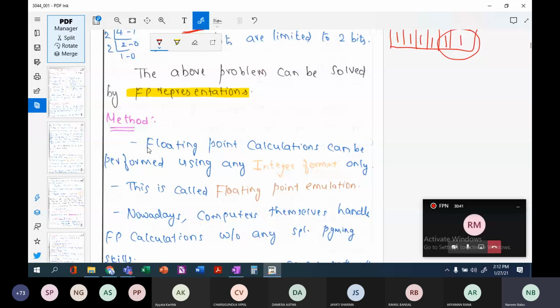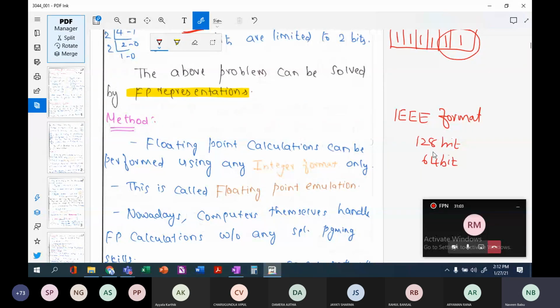Let us see, there are multiple methods a computer has adopted over the years in representing floating point numbers. Let us see one by one. Finally, the method we currently follow is an IEEE format. There is an IEEE standard, especially for 128-bit and 64-bit processors.